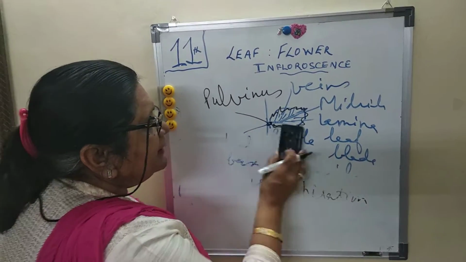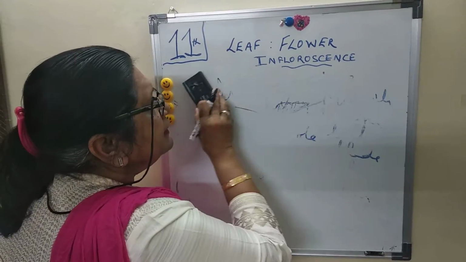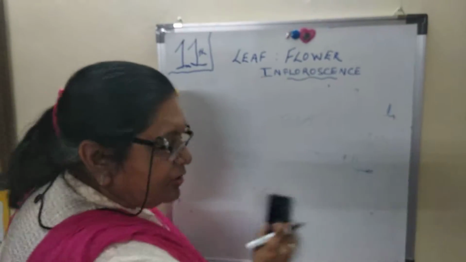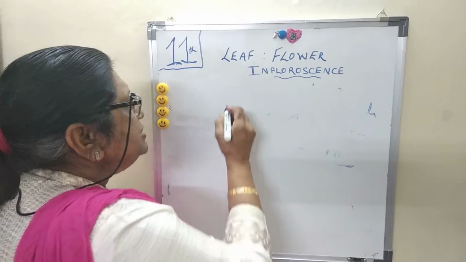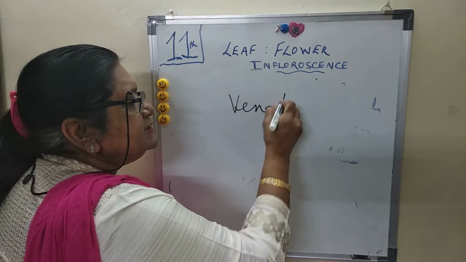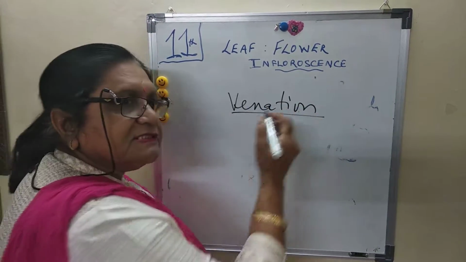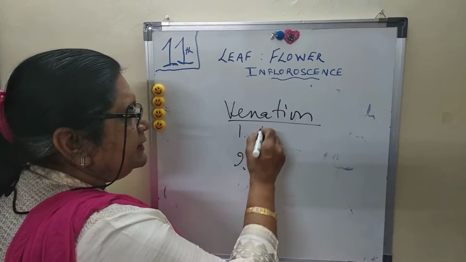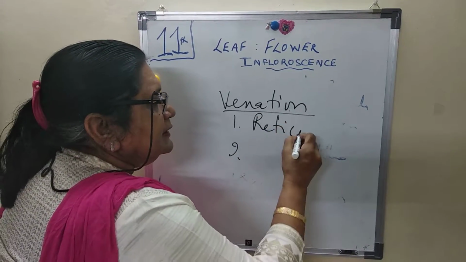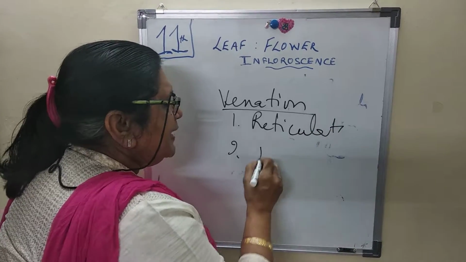Then comes how the veins are arranged on the leaf. The arrangement of the veins on the leaf is called venation. Two types: reticulate and parallel.